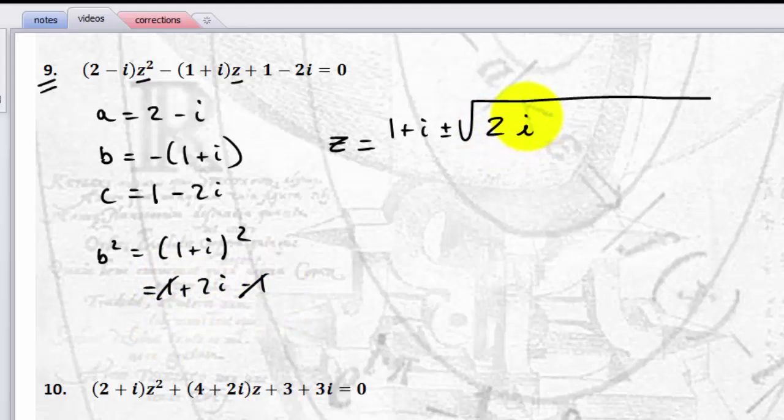So I have 2i right here, minus 4 times a times c. Let me do a times c right here. So I have (2 minus i) times (1 minus 2i). How about we take the calculator? I want to show you. Check it out.